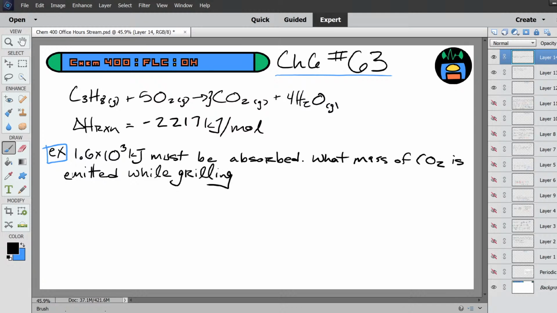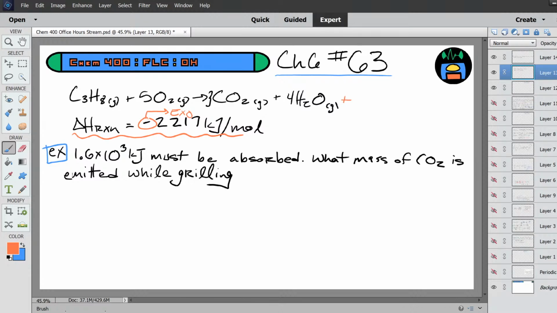All right, and the linchpin to this problem is really understanding how delta H relates to this reaction. Because delta H is negative, that means this is an exothermic reaction. It is a reaction that releases energy.